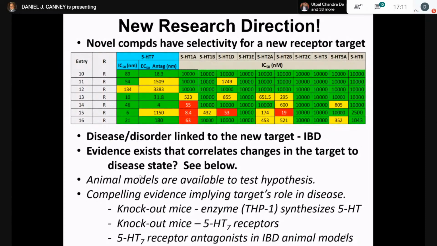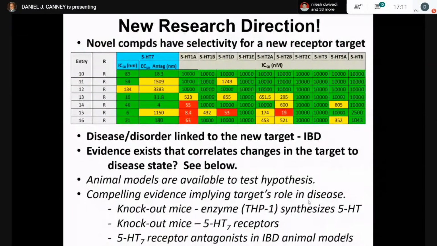There are animal models that are available, and what I'm going to show you in just a minute, and I hope I still have a little bit more time, is, I think, compelling evidence that implies 5-HT7's role in the disease. I'm going to show you some knockout mice where they knock out the enzyme that synthesizes serotonin.